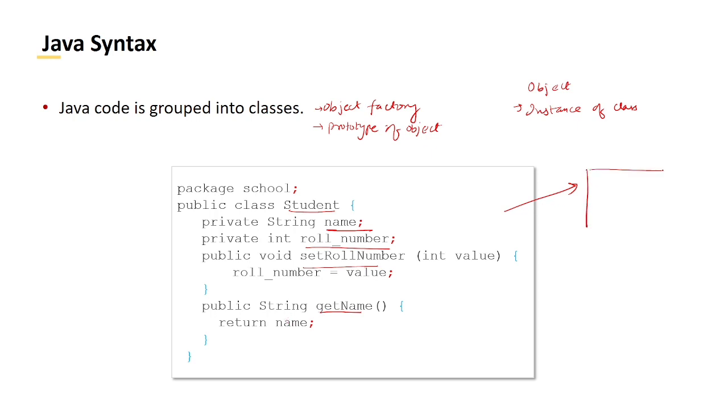When we call the set roll number function, it will set the roll number of this particular object, and when we call the get name function, it will give us the name of this particular object, whatever name we have specified for that object. Let's say we have specified Utkarsh, so it will return us Utkarsh in this particular code.